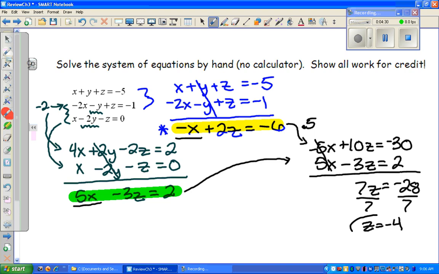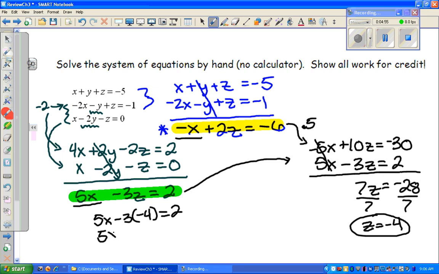Once you have one of the answers, you've done all the hard work. Now you just need to take that answer and plug it back. The first place I'm going to plug it into is either the green equation or the yellow equation, whichever looks easier for you. It really doesn't matter. I'm going to plug it into the green one. So 5x minus 3 times negative 4 equals 2.